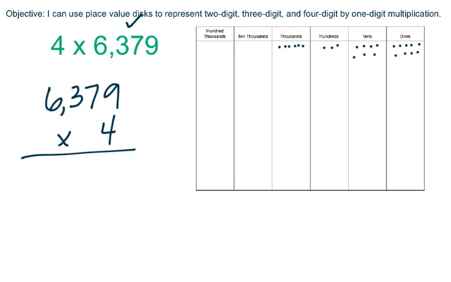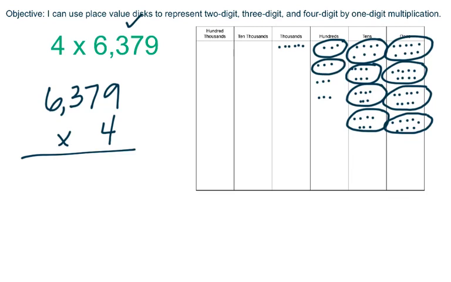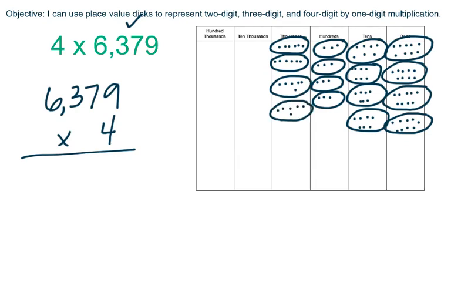Next, I'm going to show my multiplying by 4. So I'm going to have 4 groups of everything. All right.